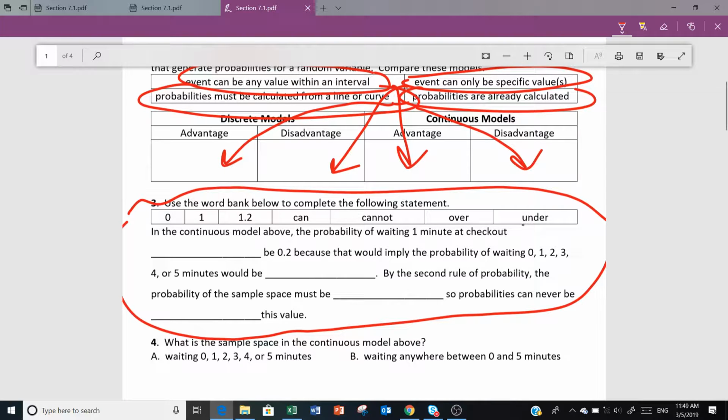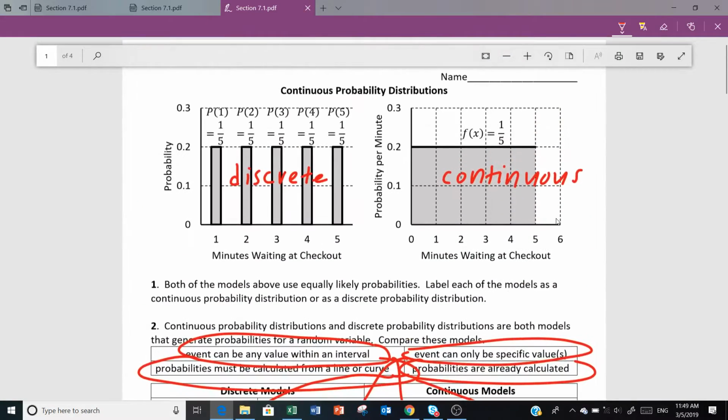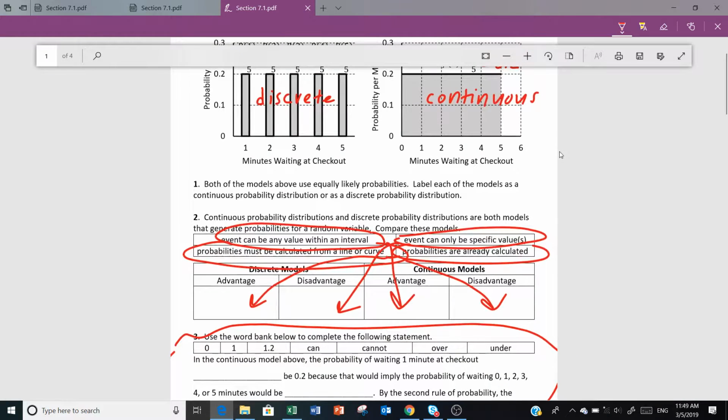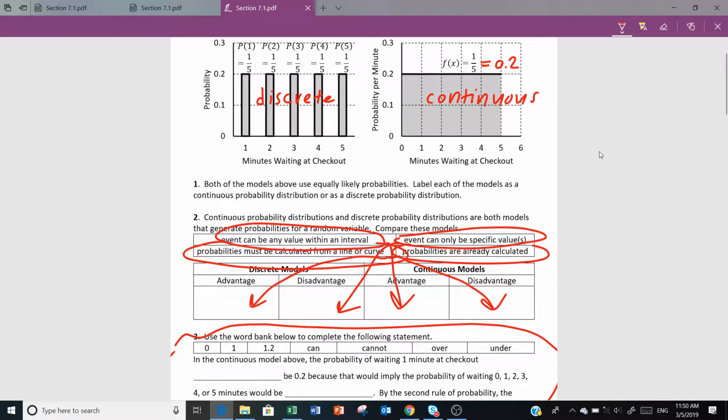Cannot wait. Wait, minutes wait. Oh yeah, can be. Without by the probability of waiting. Alright, well now that's, is it gonna be any value of... I got no clue.